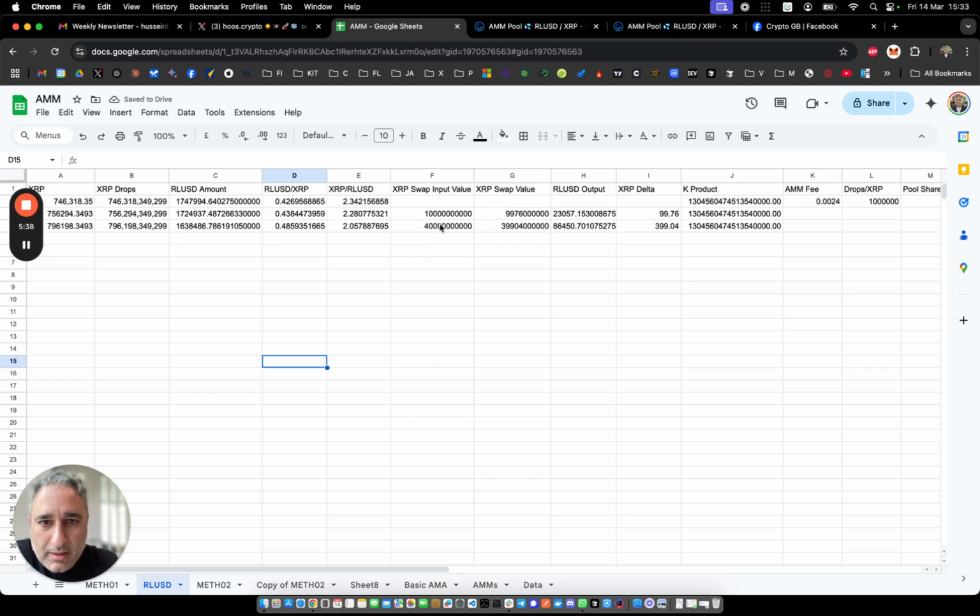Let's add another zero to this. We're now at the point where one XRP is worth $1. So if one XRP is worth $1 now, we're at the bottom of the bear market. All else being equal, you can see the amount of XRP in the pool has substantially increased.